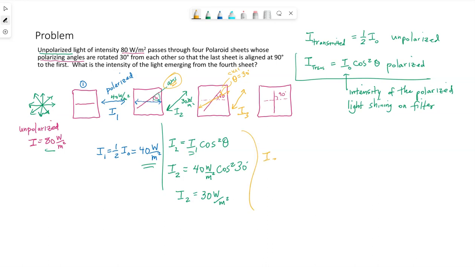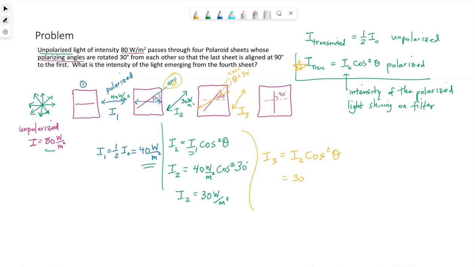So for I3, because I2 was polarized, we need to use this second equation for the transmitted light again. We need the initial light shining on the filter, so that's I2, times the cosine squared of the angle between those two filter axes.